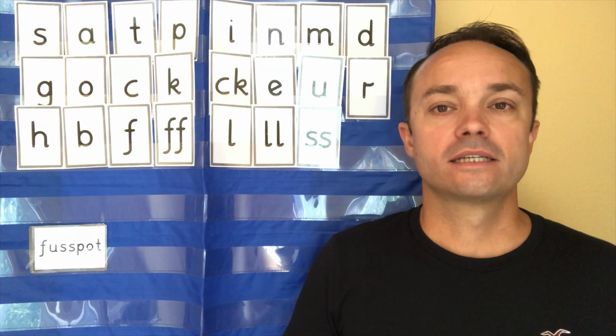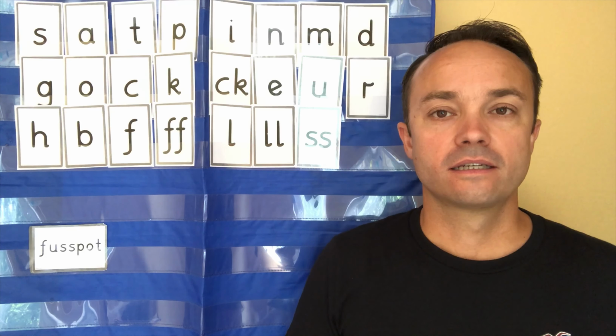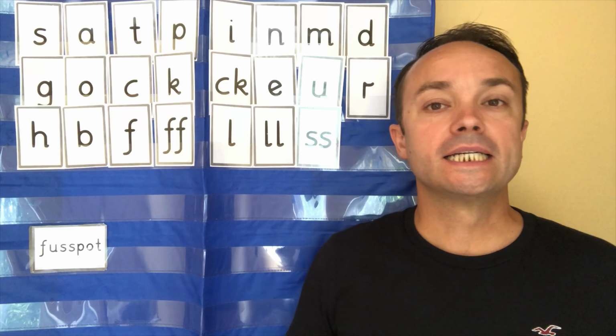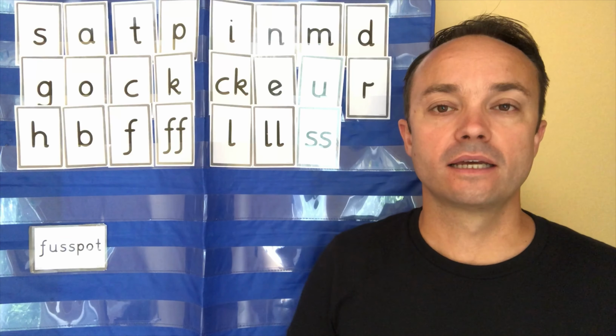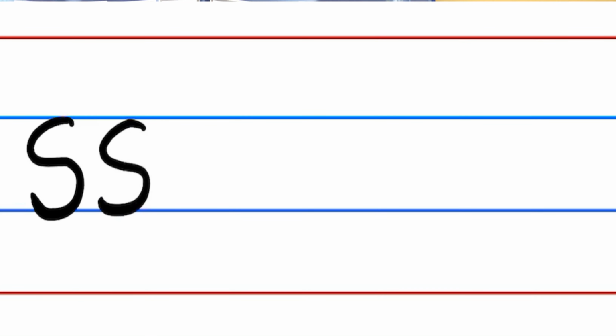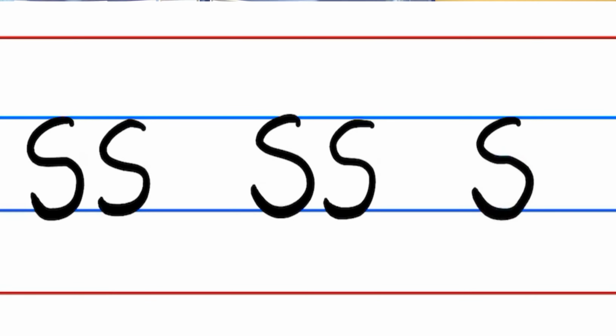So each time we're saying S, S, S. So each time we are starting at the top, travelling down the snake, because S is for snake, and we are saying S, S, S.